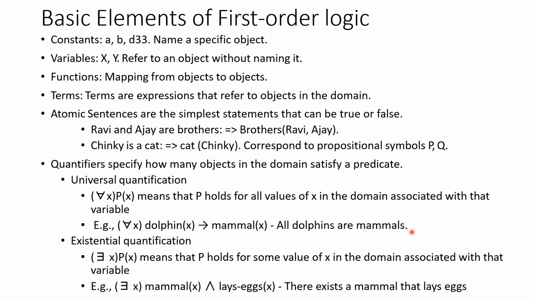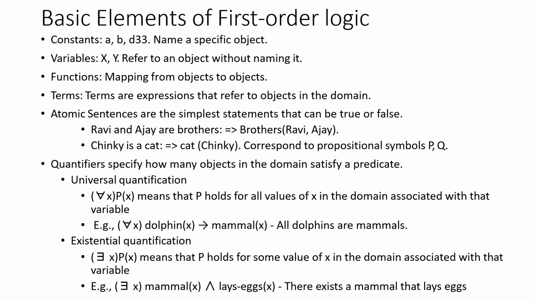Then the existential quantifier means that P is true for at least one object. Here, with the existential quantifier, mammal(x) and lays-eggs(x): there exists a mammal that lays eggs. So there exists at least one mammal that lays eggs.